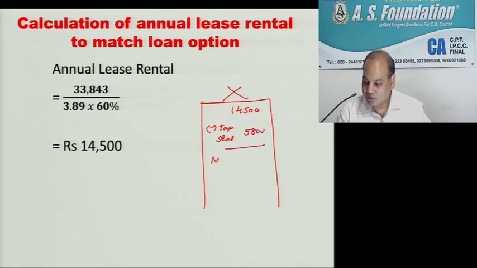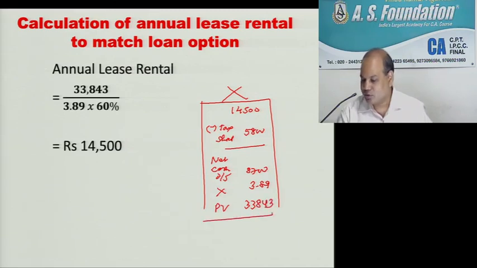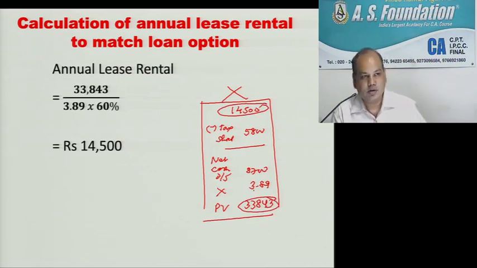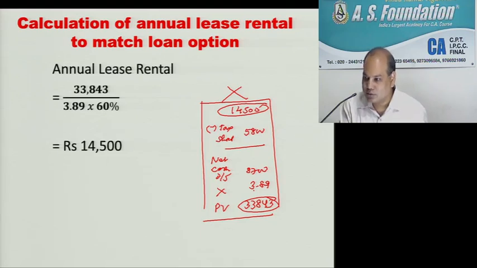So your net cash outflow will be 8,700 multiplied by annuity factor 3.89. So present value will be 33,843. So if the lease rental is 14,500, your answer is 33,843. Therefore, you will be indifferent between the two options, because in both cases your PV of cash outflow is the same.